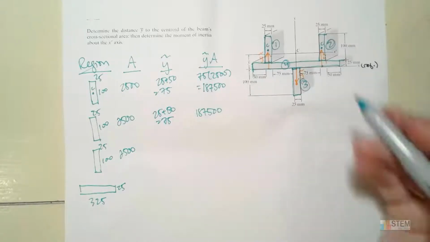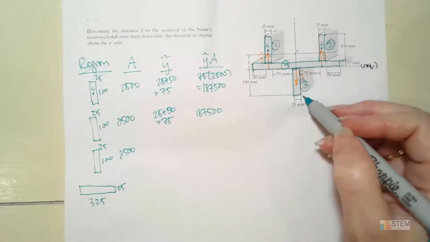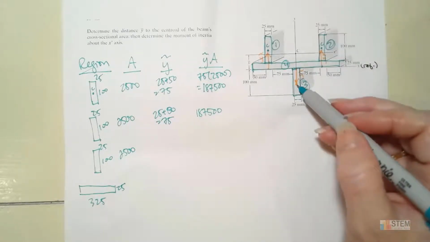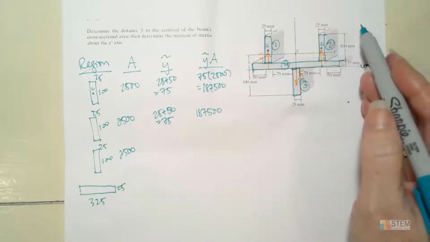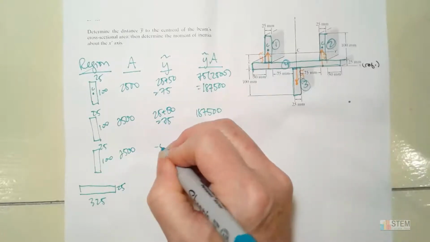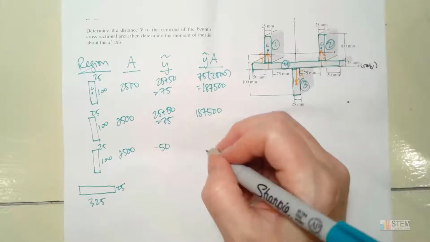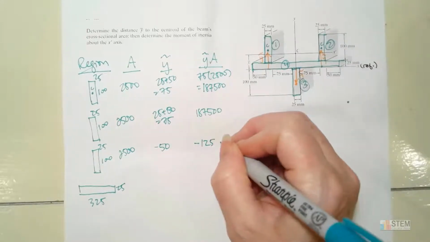So now what would that be? Remember, this is 100. So that's going to be negative 50, right? Because I'm below the reference line. So anytime we go below that reference line, we're going to make it negative. When we go above, we're going to make it positive. So this will be negative 50. And then we multiply. So on this one, you're going to get negative 125,000.